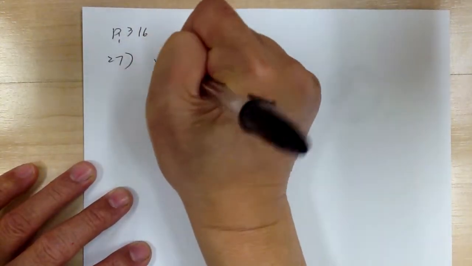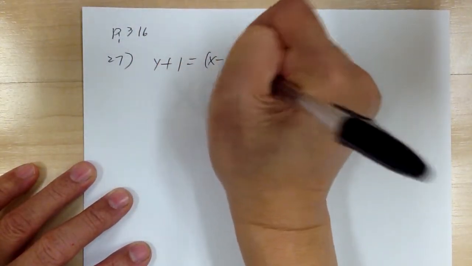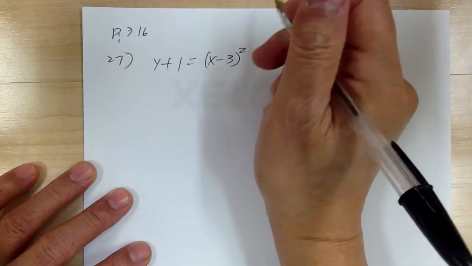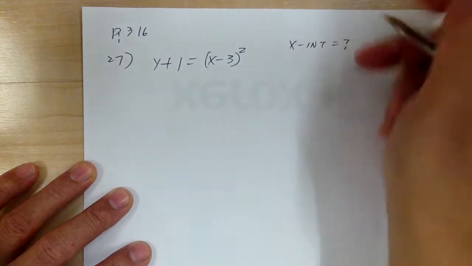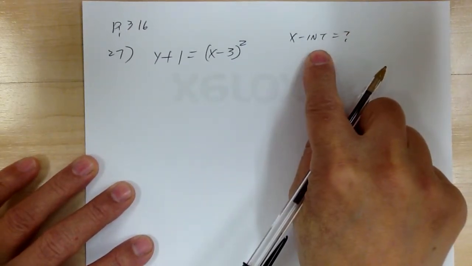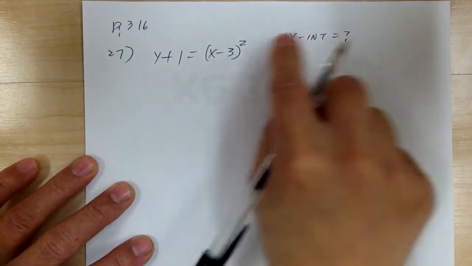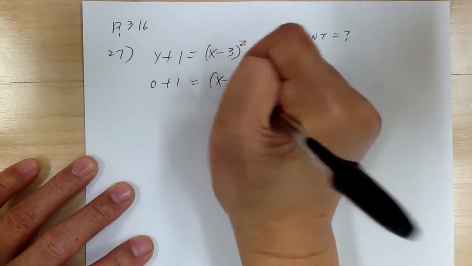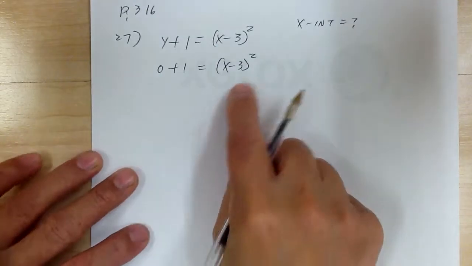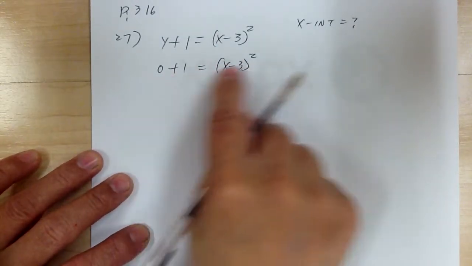You got y plus 1 equals (x minus 3) squared, and you're looking for the x-intercept. X-intercept is when y equals 0, right? So that means you just set y equal to 0. And then from here you can take the square root on both sides.